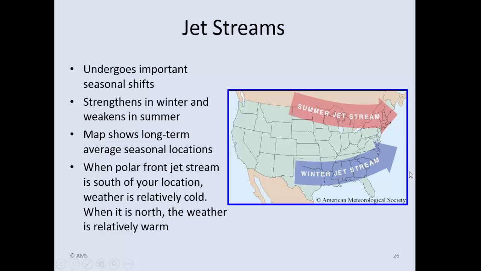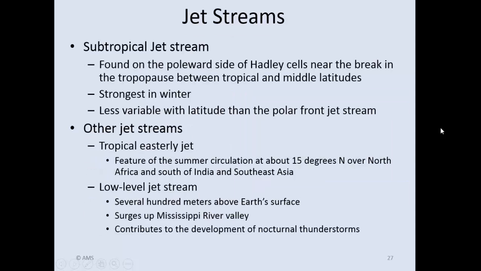So just remember, everything shifts north and south in the summer and in the winter. The subtropical jet, as you saw earlier from the depiction, is found on what we call the poleward or northward side of the Hadley cells, and it's strongest in our winter.